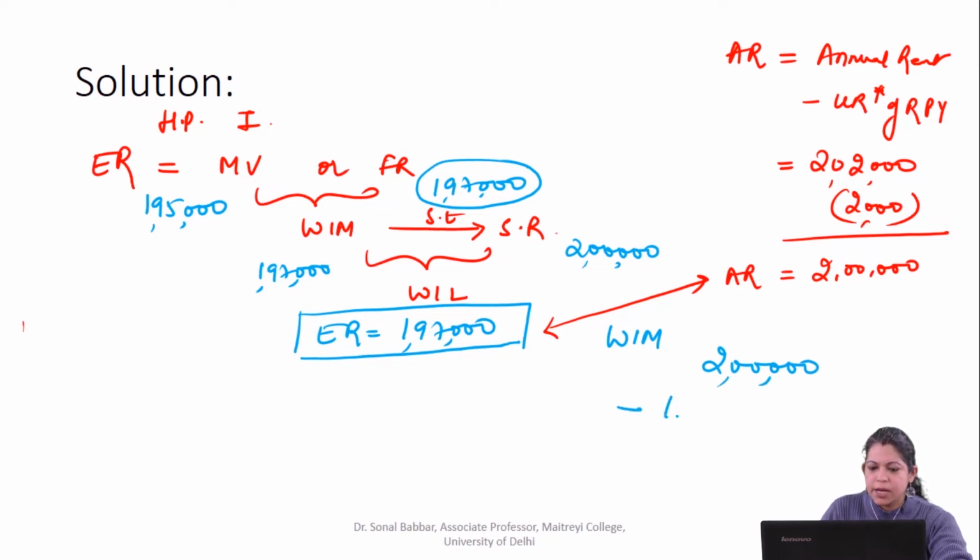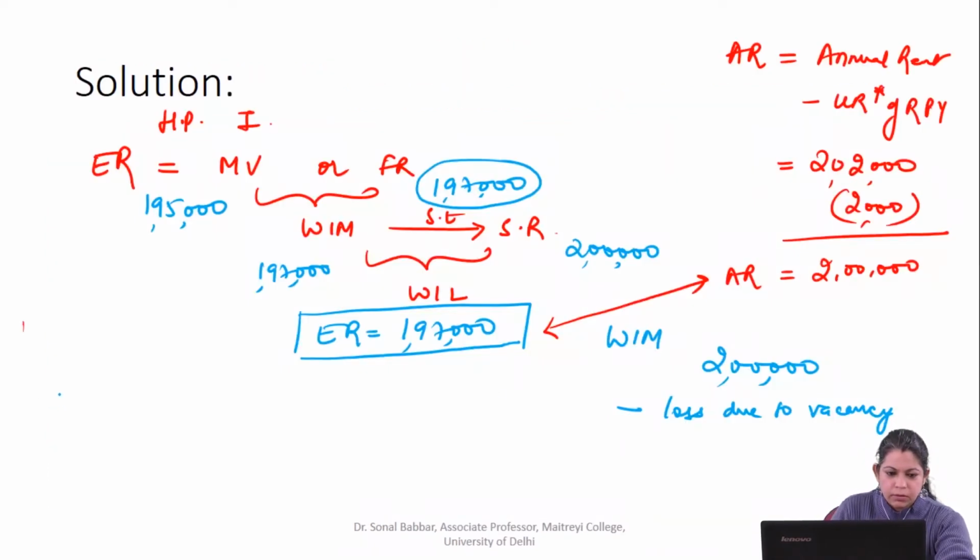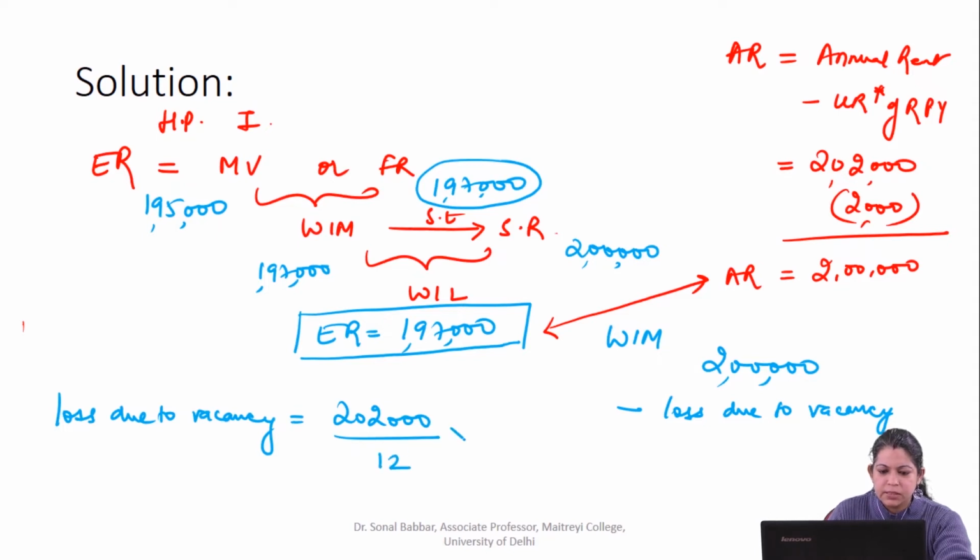From this, we subtract loss due to vacancy. And that loss given in the question is for 3 months. So the annual rent for 12 months is 2,02,000. If the loss due to vacancy is not given in amounts, then we take 2,02,000, that is the rent for 12 months, into 3 months.